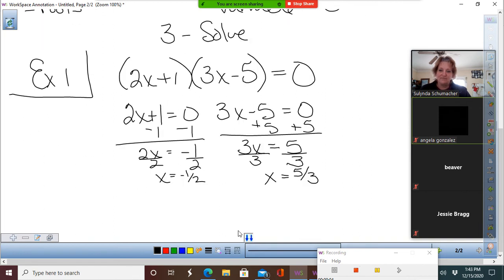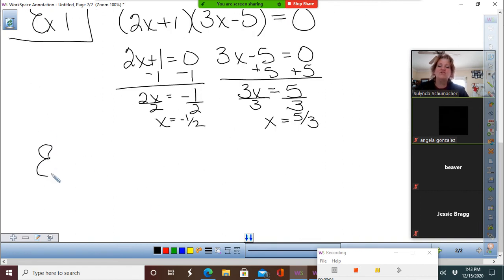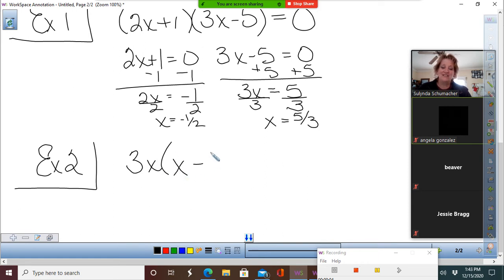All right. So, example number 2. What if I have 3x times x minus 9 equals 0? Again, remember one of the things I said in those steps is that any factor with a variable in it is what you set equal to 0.